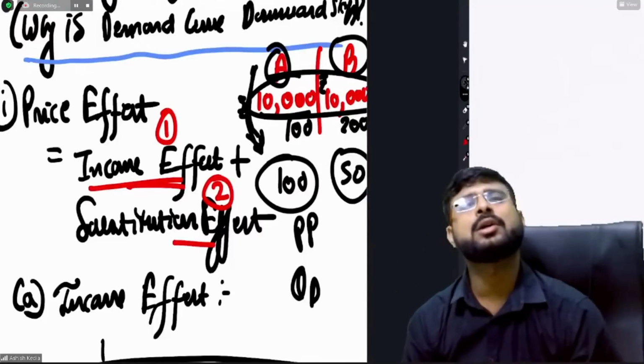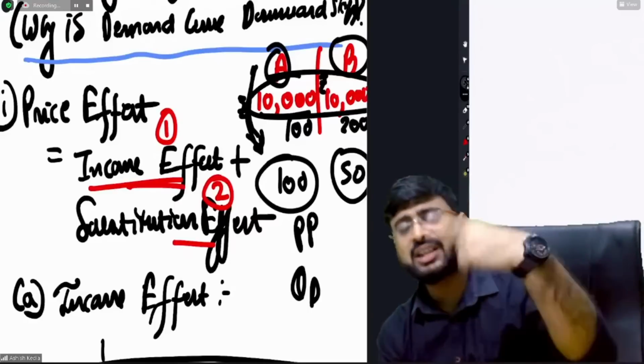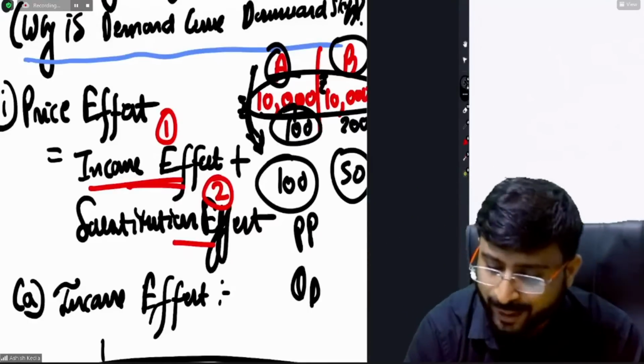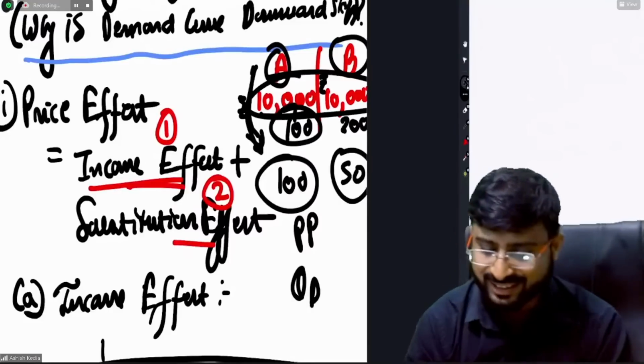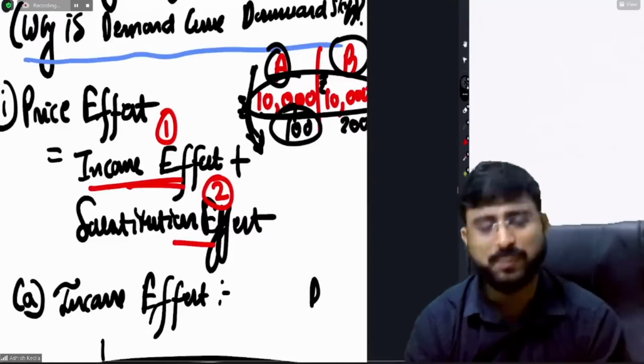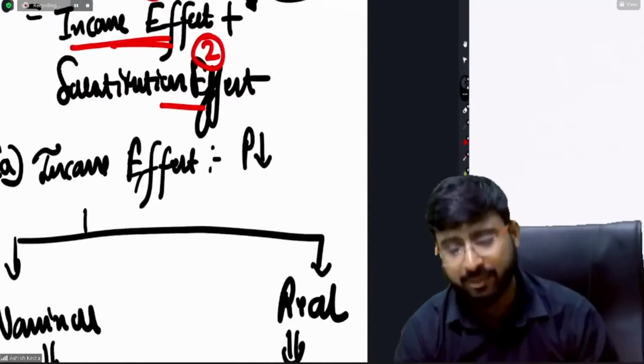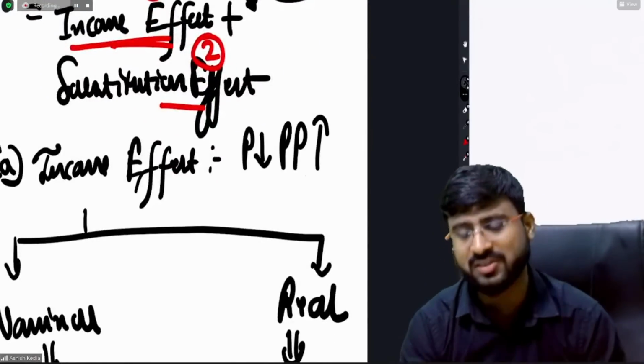Correct? Yes, sir. But now, why does Mr. A have more real income? Because the price is low. So interestingly, there is a complete circle possible. When price is low, you can buy more, so it means you have more purchasing power.